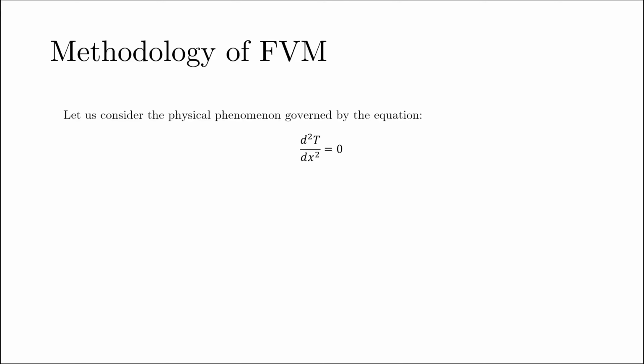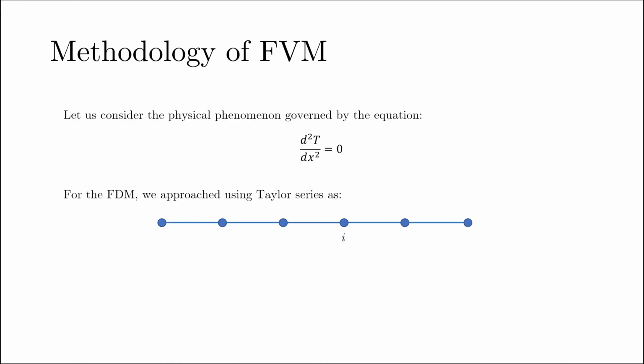We would consider the same physical phenomenon being governed by the one-dimensional pure diffusion equation. When we were talking about finite differences, we approached this problem using Taylor series, and we considered a general grid point indexed by i. Remember, by index we mean the count of that point.